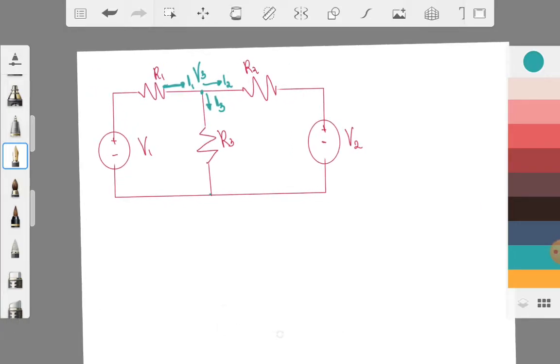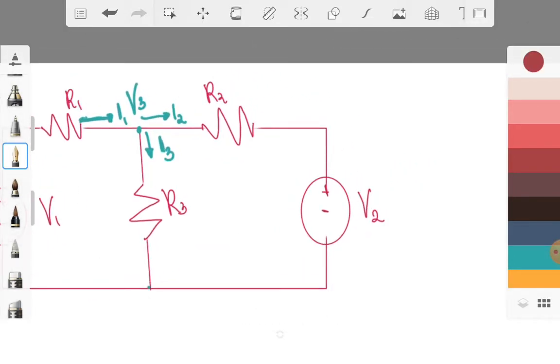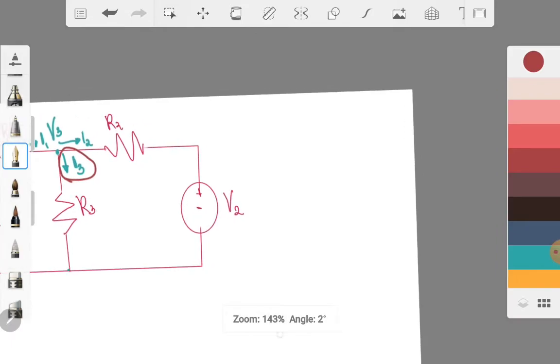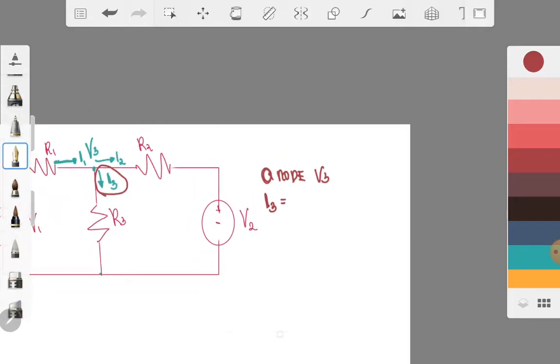So next step is to relate I3 with I1 and I2. At node V3, I3 is equal to I1 minus I2.